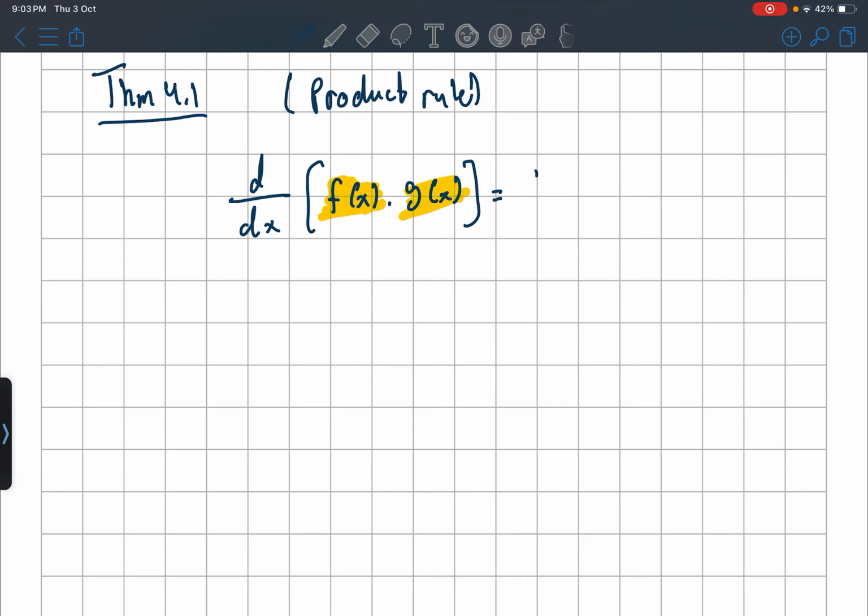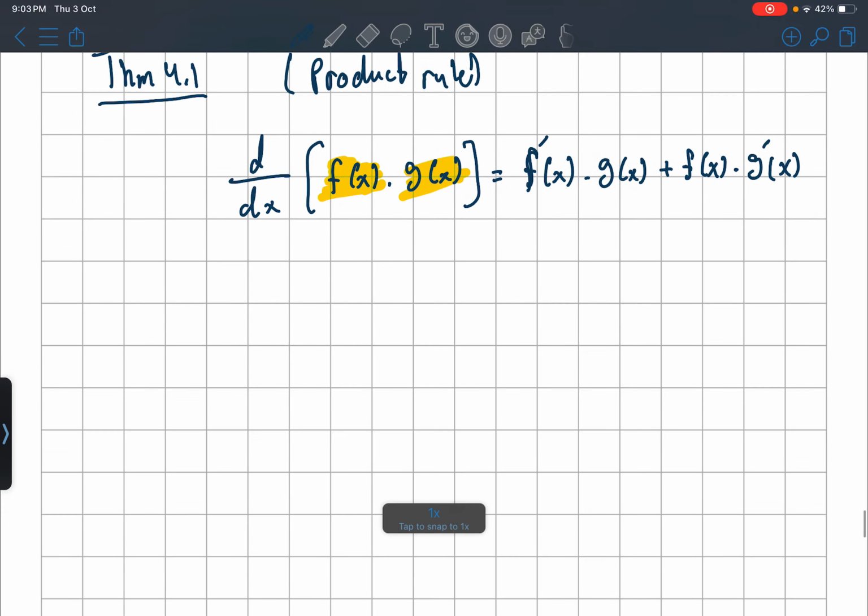So it will be f prime x times g(x) plus f(x) times g prime x. So first you find the derivative of f(x), then you find the derivative of g(x).